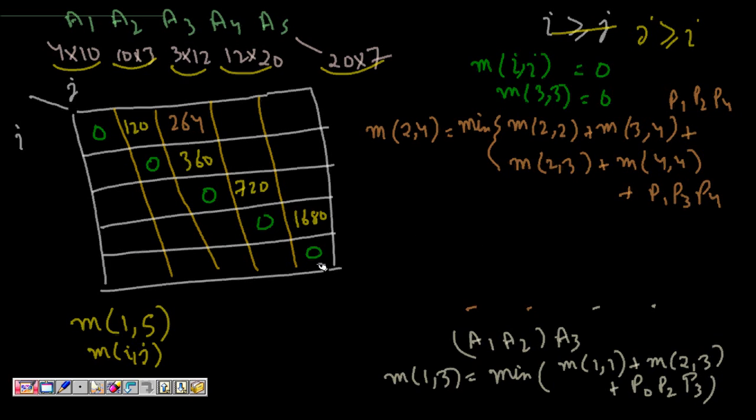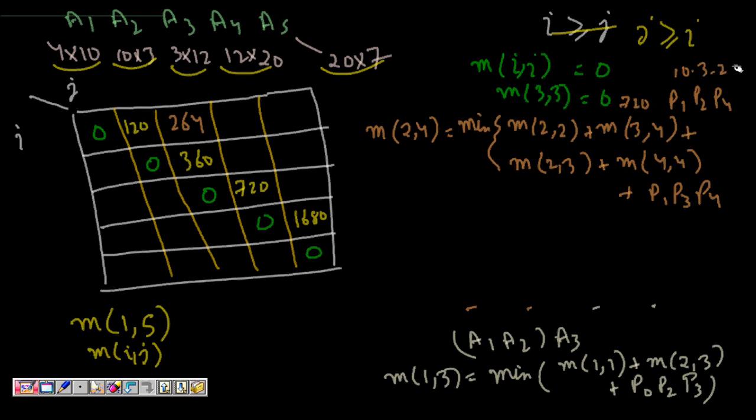Now if we calculate this, M2,2 will be 0. M3,4 we have already calculated, 3,4 is 720, so this is 720, and P1, P2, P4 is 10 into 3 into 20.